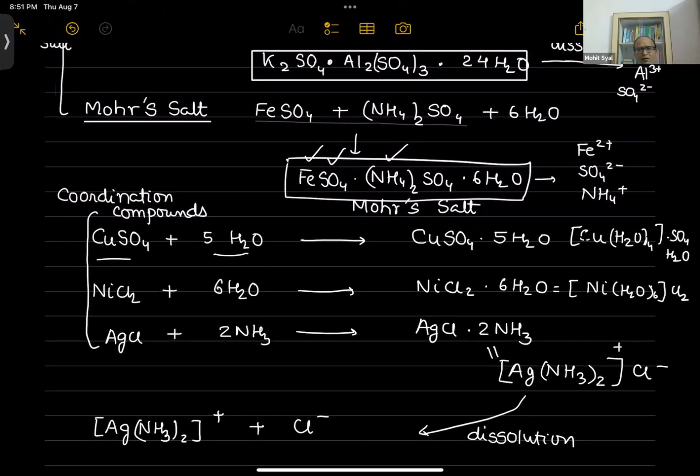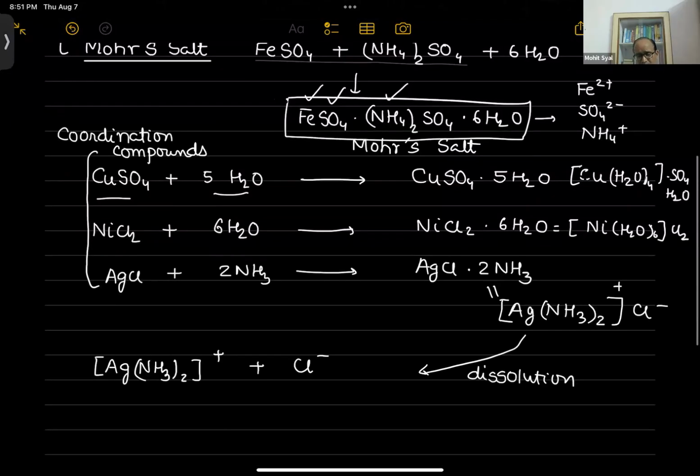The double salts split completely, while the coordination compounds retain their identity.